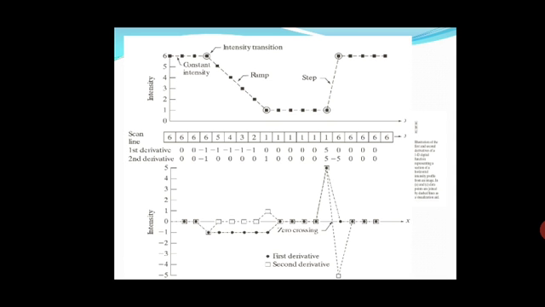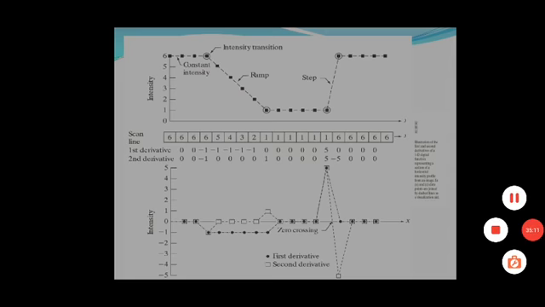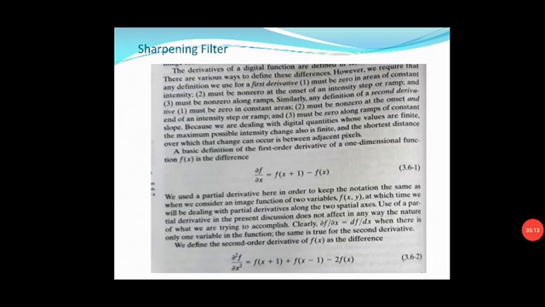In the coming class, a few standard operations will be performed, based on which most image applications are operated. Just look into this, and it is very important. The first order and second order derivative equations are f of x plus 1 minus f of x, and f of x plus 1 plus f of x minus 1 minus 2 f of x, and all the principal steps I showed here.